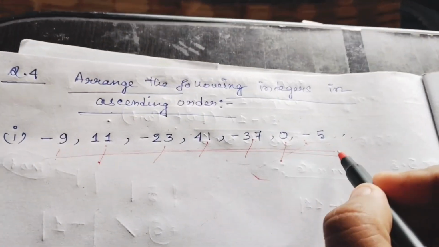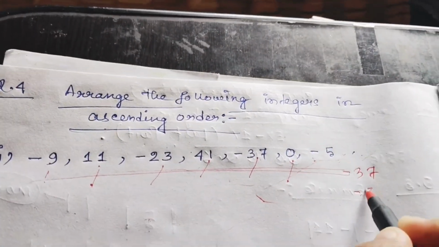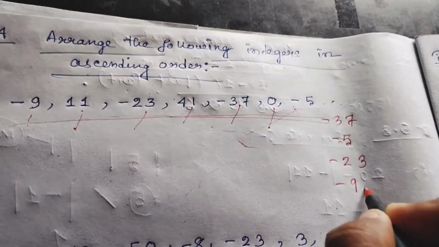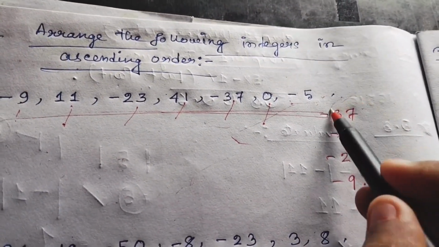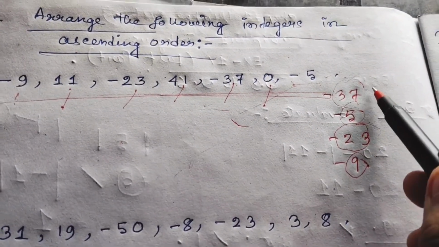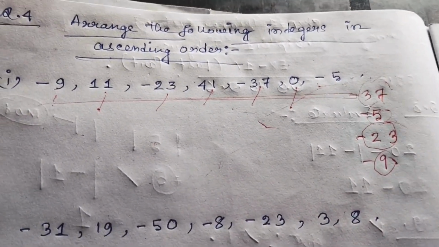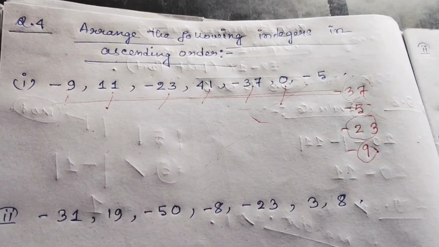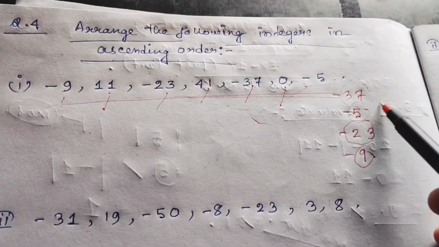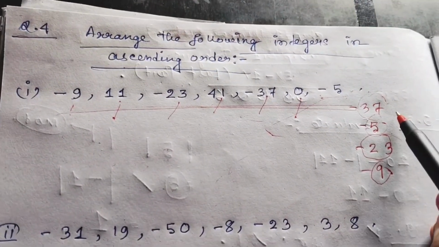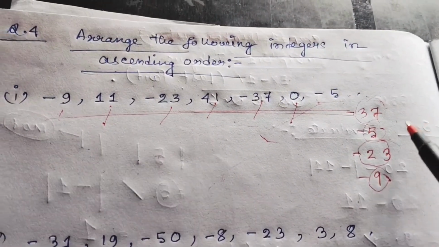In the case of -37, -5, -23 and -9, you can see 37, 23, 5 and 9. If we have to compare the negative integers, we have to understand what is bigger in basics. 37 is bigger in basics.